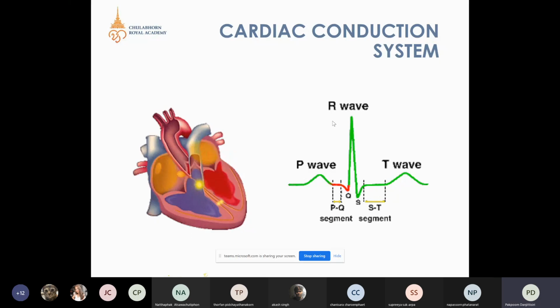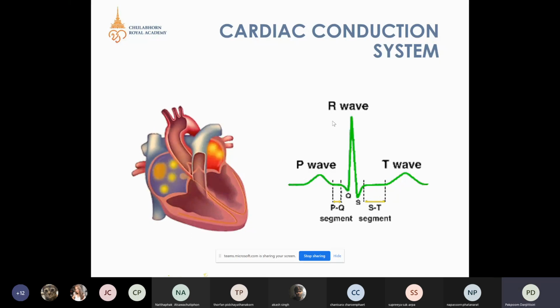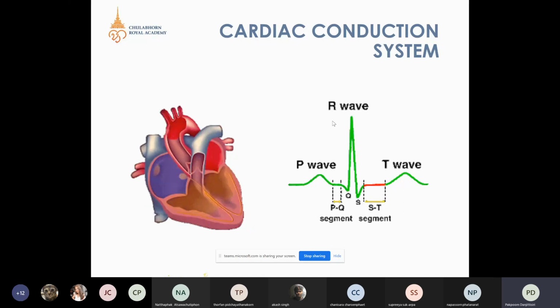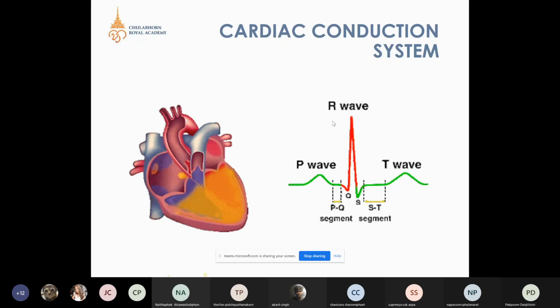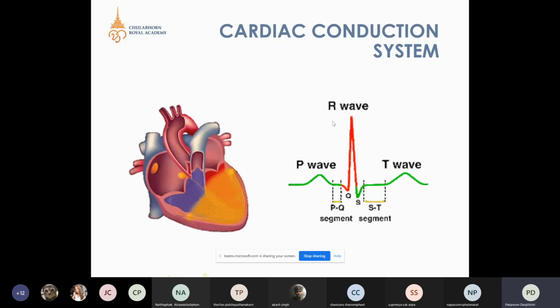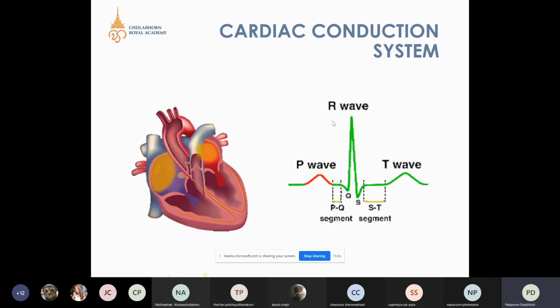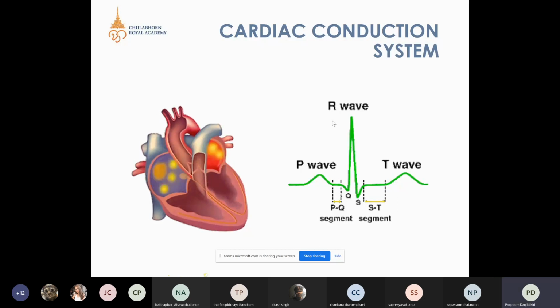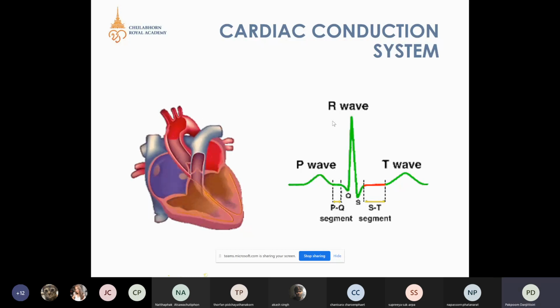After that, the signal goes down to the left and right ventricles through the bundle of His that separates into the left and right bundle branches, going to the Purkinje fibers that attach to the myocardium and cause the ventricular depolarization for both left and right ventricles simultaneously. Okay, it will cause it like this, as a circle.